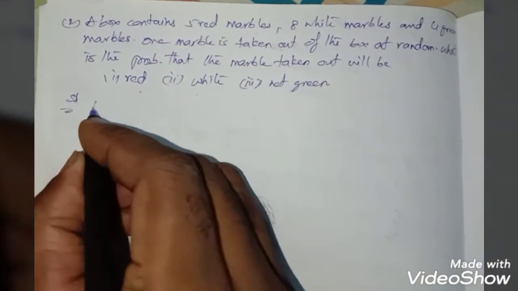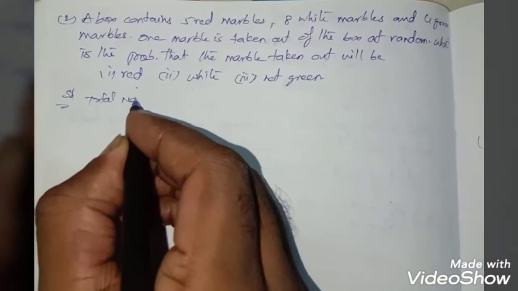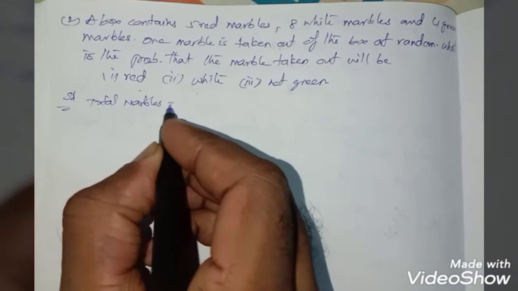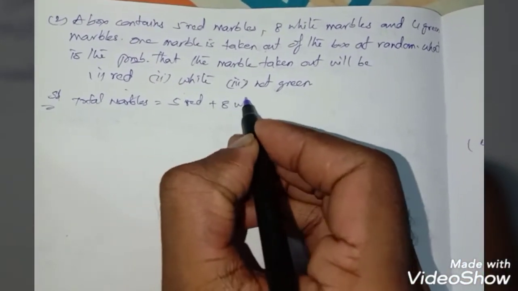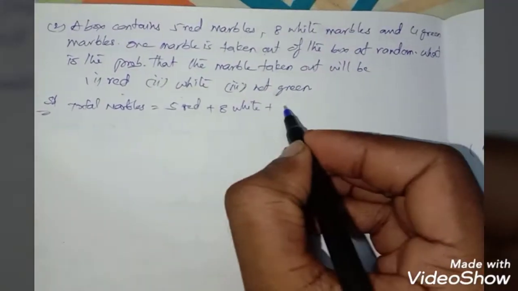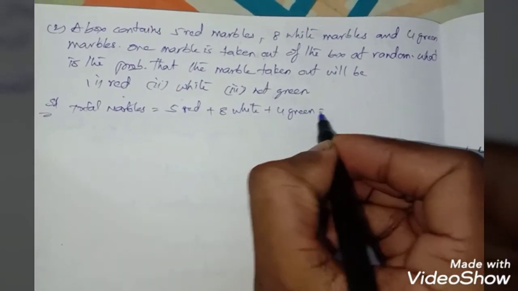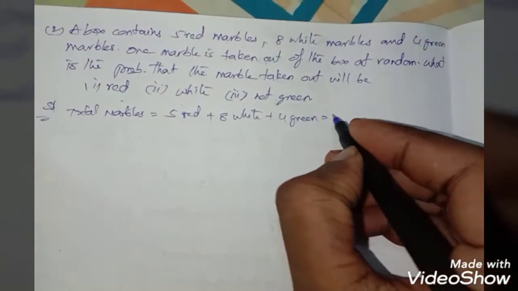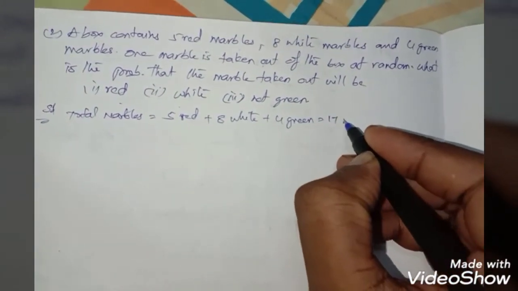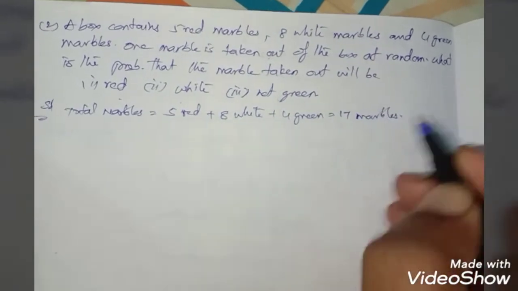Total marbles is equal to 5 red plus 8 white plus 4 green. So total marbles is 4 plus 8 is 12, 12 plus 5 is 17 marbles. This is my total outcome.